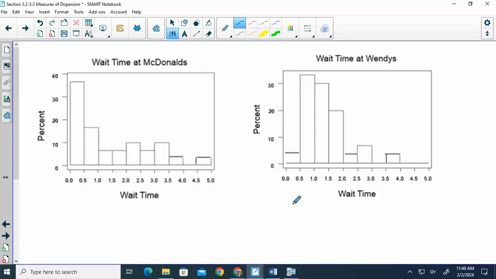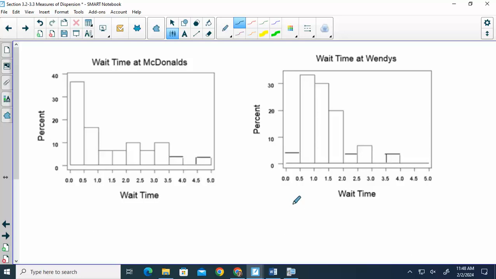No. McDonald's, it looks like either you're going to get served immediately or you're going to wait for a while. There's a lot of people that were down here even up to 5 minutes of waiting. Wendy's, you're probably not going to get served as soon as you walk in, but then it looks like you're pretty consistently going to get served somewhere between 30 seconds and 2 minutes in.